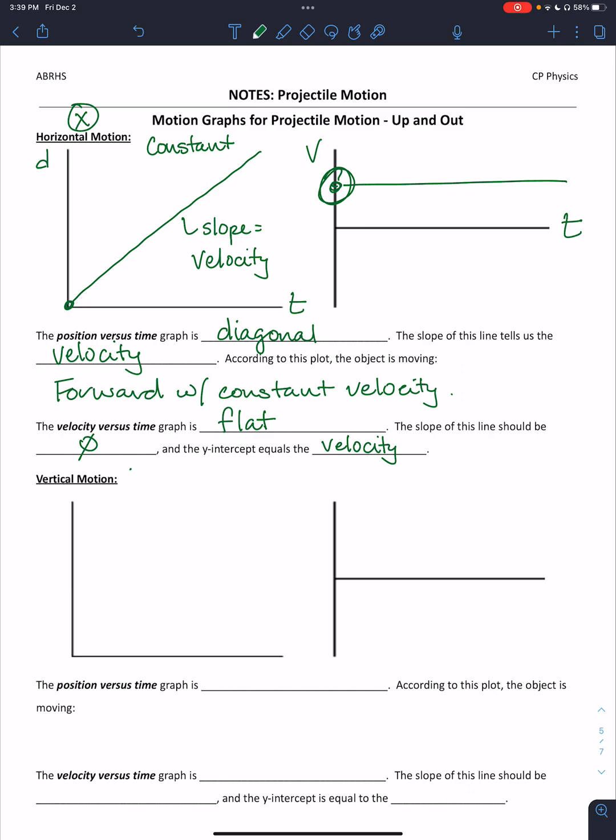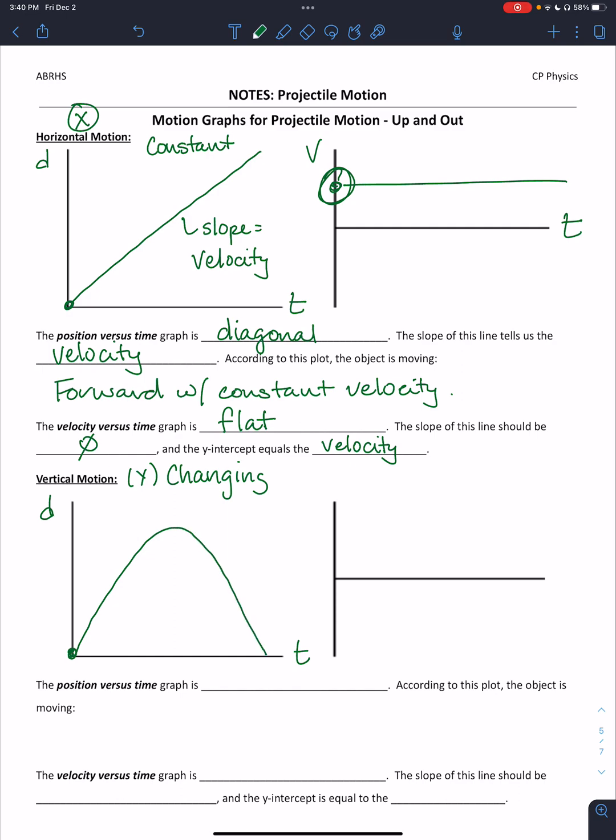For our vertical motion, which is our y component, we should see changing velocity. The difference here is where we saw our distance versus time graph start up high because we were starting away and falling towards the ground. This time we're going to start low and the object is thrown up to start with and then comes back down to the ground.